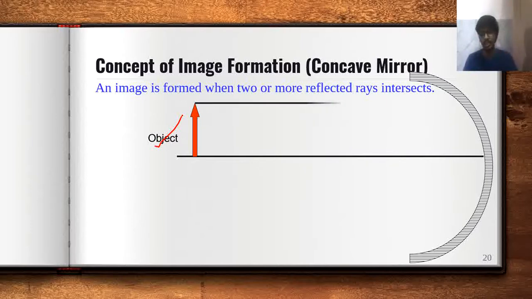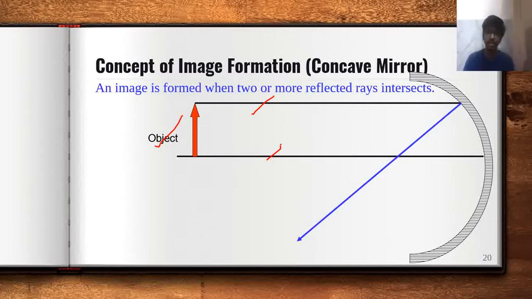So this is one incident ray, which is parallel to the principal axis, and we had a discussion. When the incident ray is parallel to the principal axis, the reflected ray will pass through the focus. Next we need another reflected ray, because we need to find the intersection point. So we have another incident ray, and the reflected ray is this one.